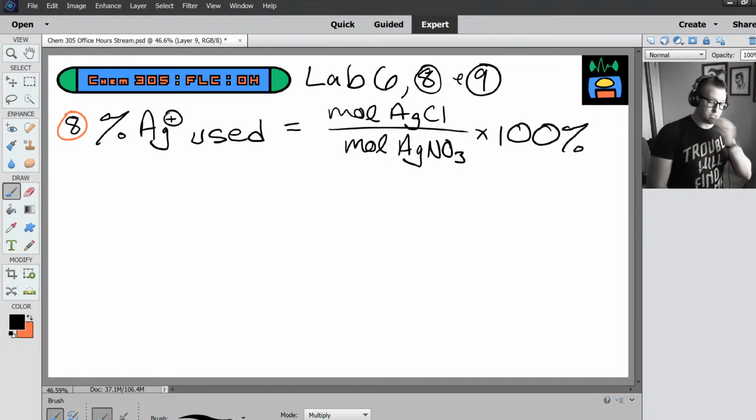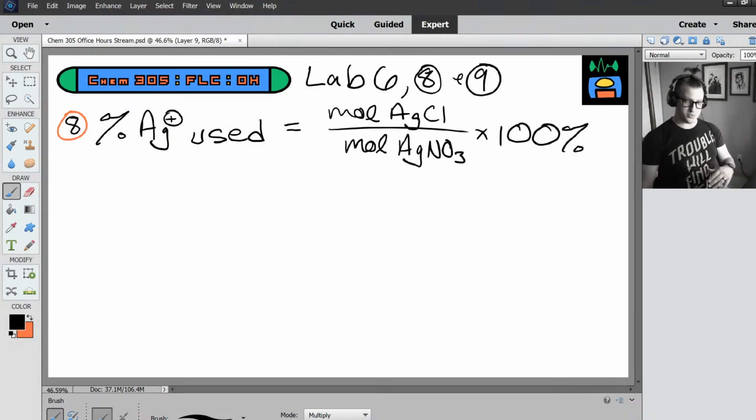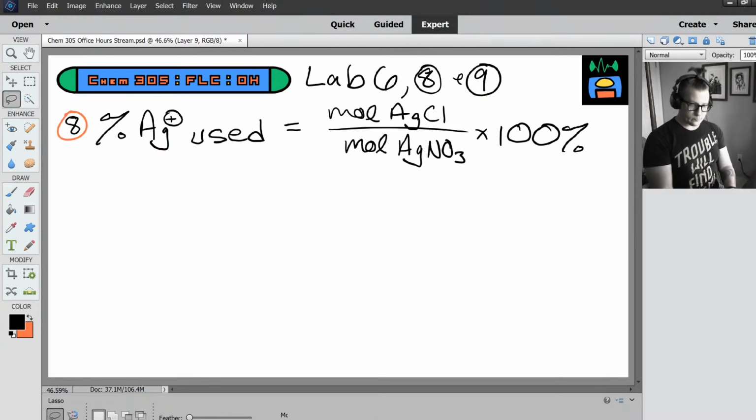So, percent of original silver cations used will be equal to the moles of silver chloride divided by the moles of silver nitrate.